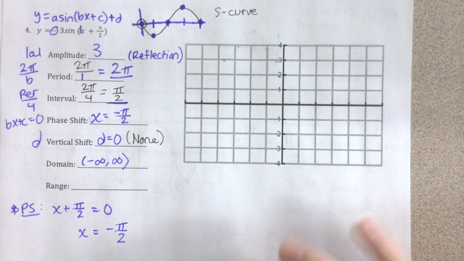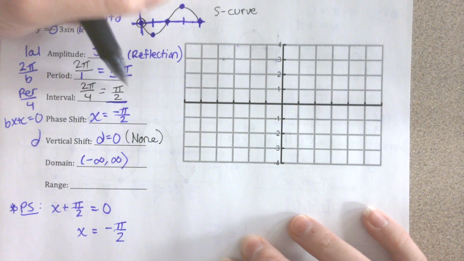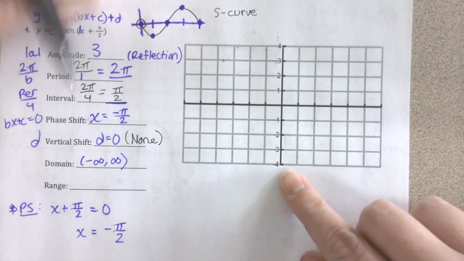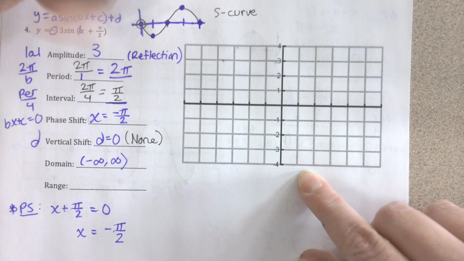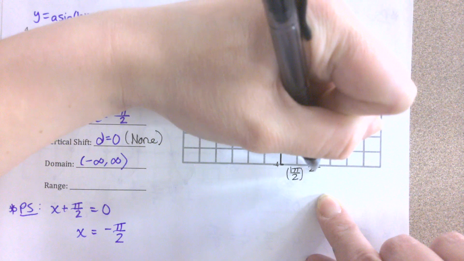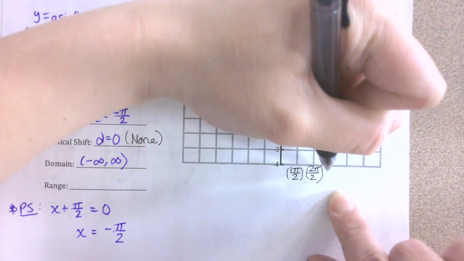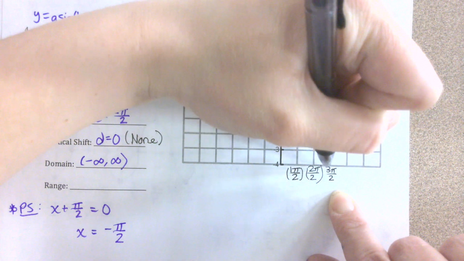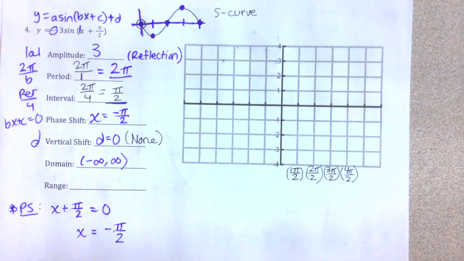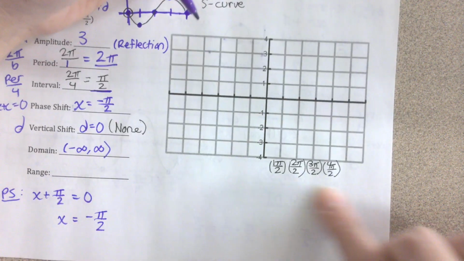Intervals first. Pi over 2. And we did this on an earlier problem, I believe, so these numbers should definitely ring a bell. Pi over 2 is my first one. 1 pi over 2. 2 pi over 2. 3 pi over 2. And 4 pi over 2. I will reduce where I can.